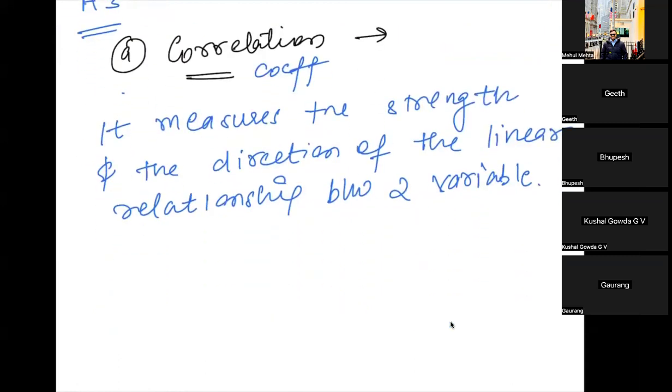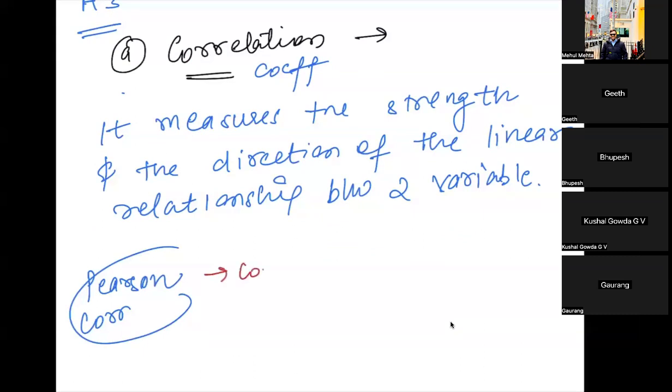If you have heard the term Pearson correlation, Pearson correlation and correlation are just the same. When someone says correlation, they actually refer to Pearson correlation. Remember, Pearson correlation is a measure of linear relationship.